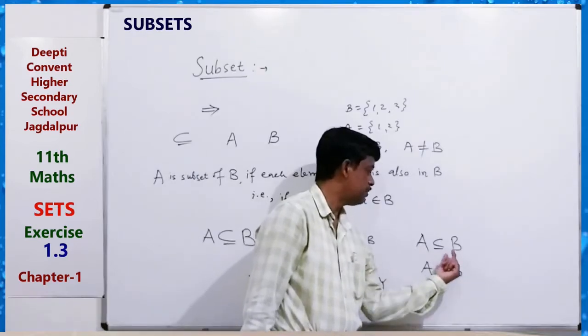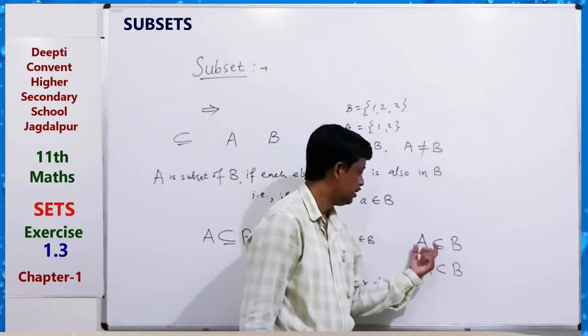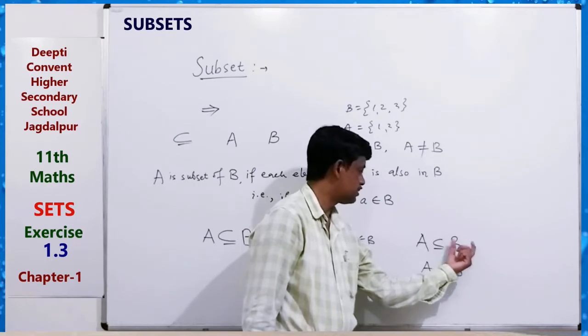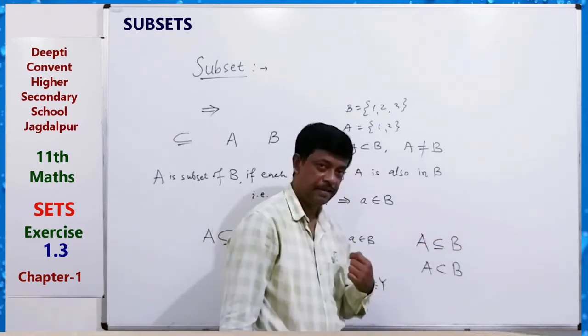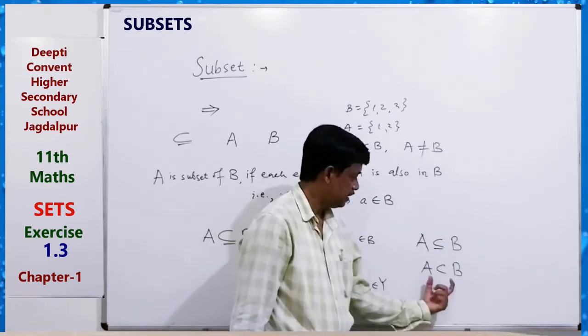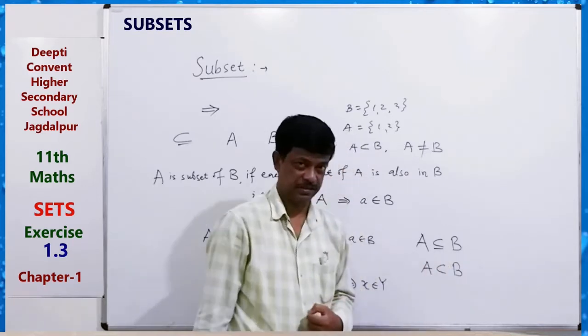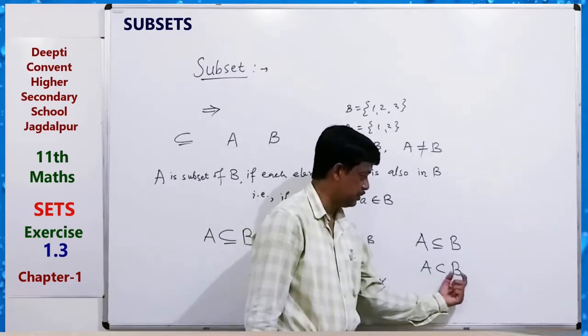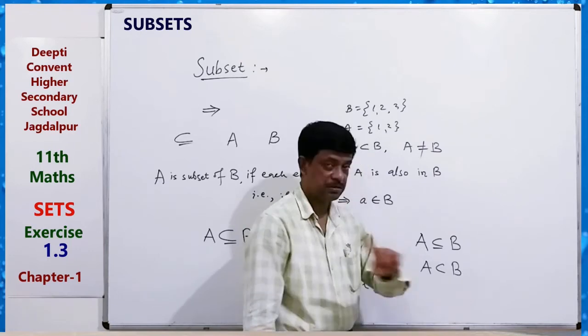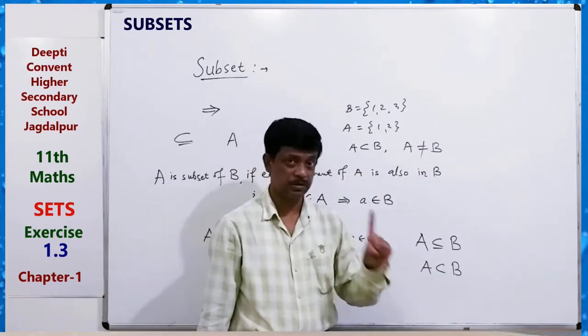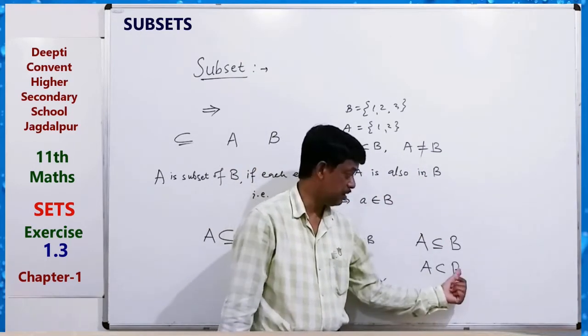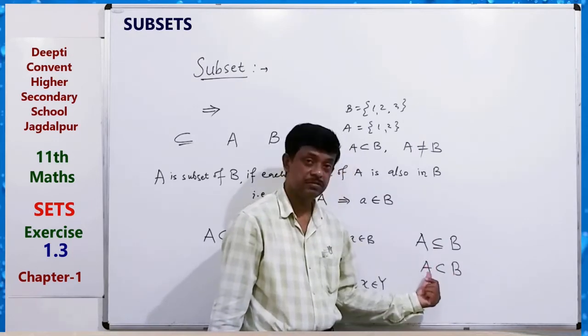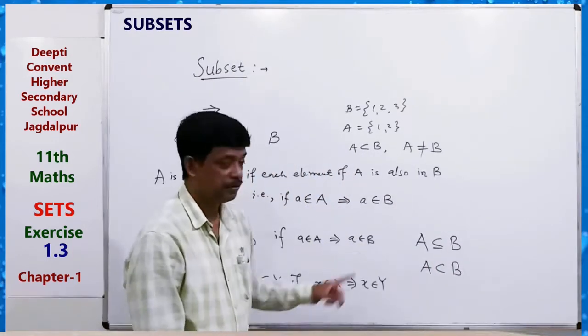Maybe B is subset of A. But here, A subset B means A is subset of B and B is not subset of A, because in case of proper subset there is an element in B which is not belongs to A. Okay?